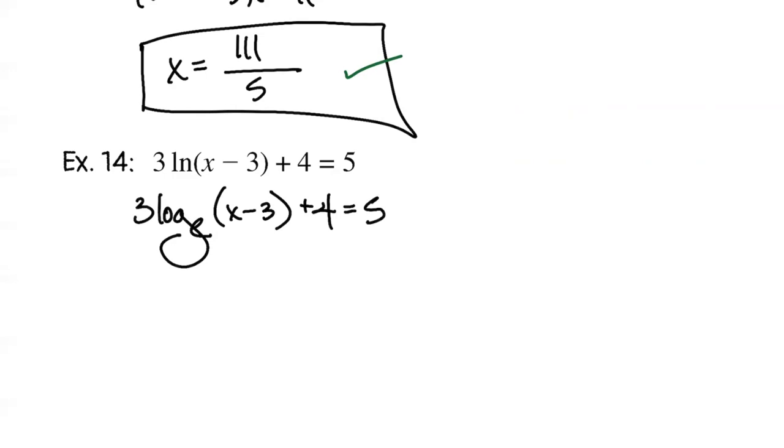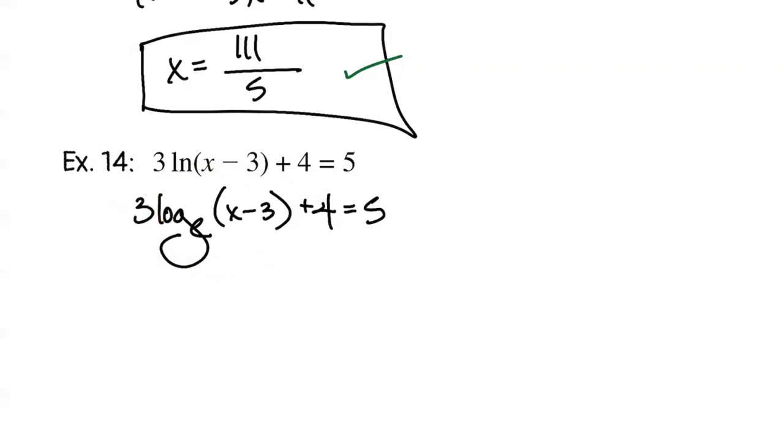Can I write this in exponential form right now? No. We have a lot of things to move first, because when I say isolate the log, I mean I have to get this all by itself. And in order to do that, order of operations backwards says I need to subtract 4 and then divide by 3.